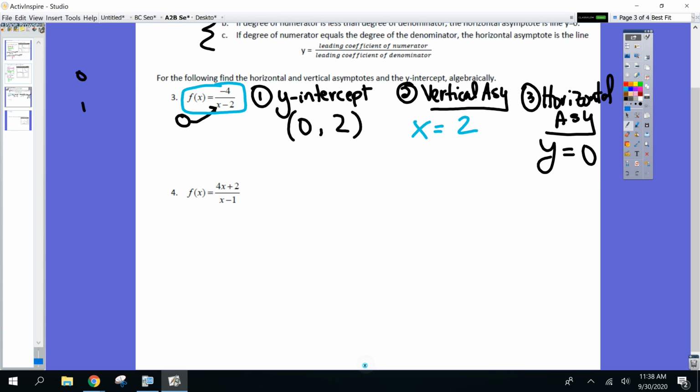4. Let's just do the horizontal asymptote now while we're on the topic. Find out what your exponents are. What's the highest exponent in the numerator, highest exponent in the denominator?